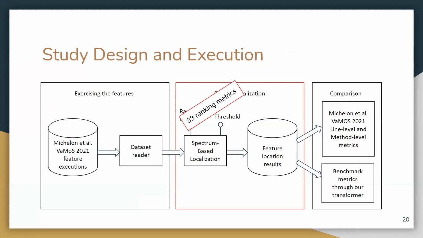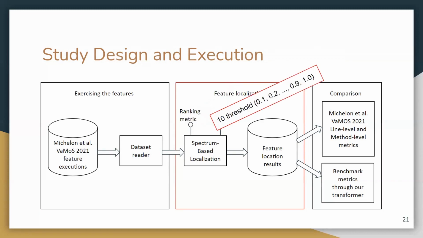We implemented the spectrum-based localization technique using an existing Java library, and in this work, the results are reported using several combinations of 33 ranking metrics and 10 threshold values for each ranking metric, varying from 0.1 until 1.0. The goal here is not to overfit the technique to this dataset by using those 330 combinations, but to provide an overview of what the results of a spectrum-based localization can be.